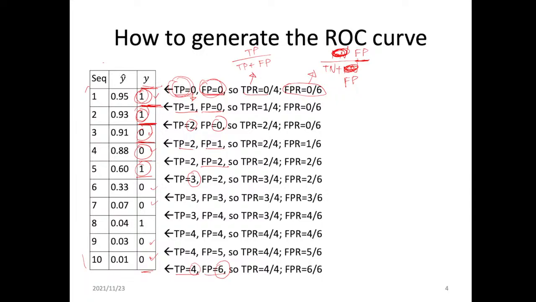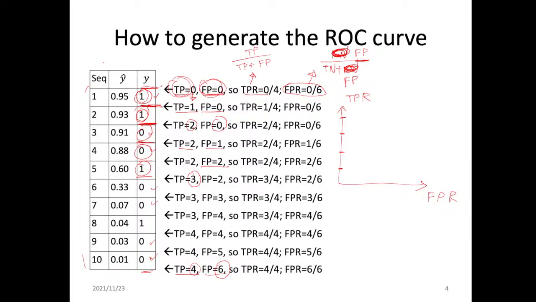And then all you need to do is, we said that this is the relationship between TPR and FPR. We have 4 positives in this case. So whenever you have one extra true positive, the true positive rate increases by a quarter.